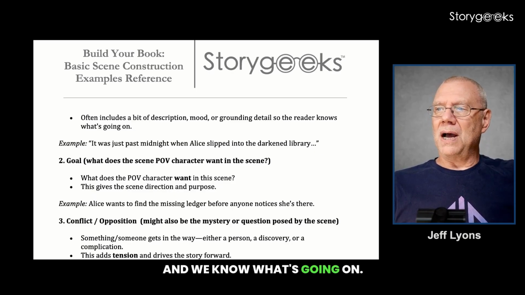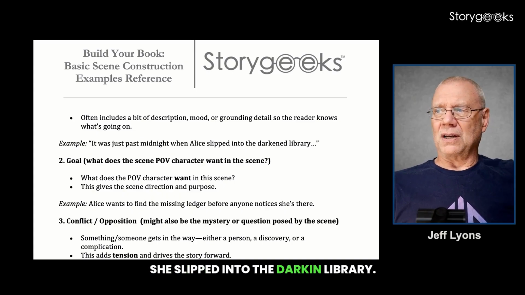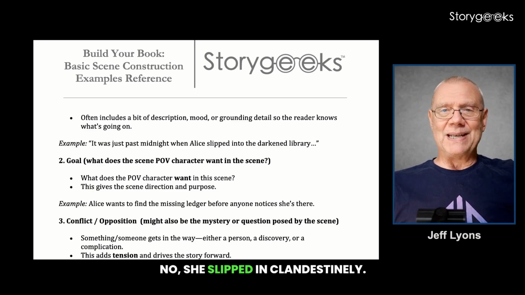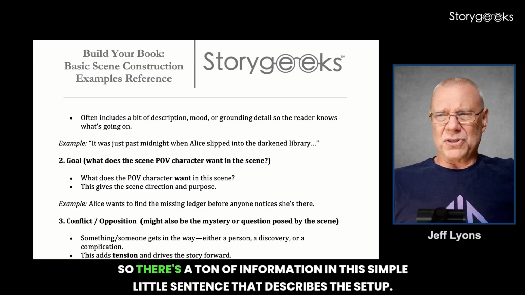And we know what's going on. She slipped into the darkened library. Not on a banana peel. No, she slipped in clandestinely. That's what's going on here. So there's a ton of information in this simple little sentence that describes the setup.